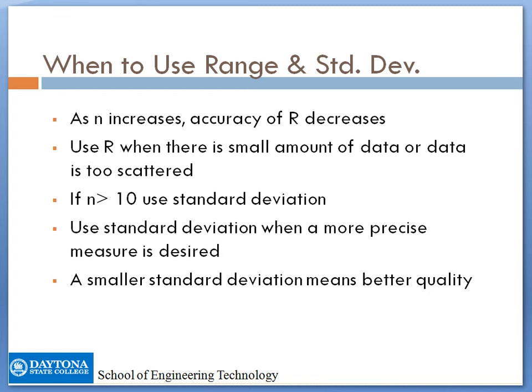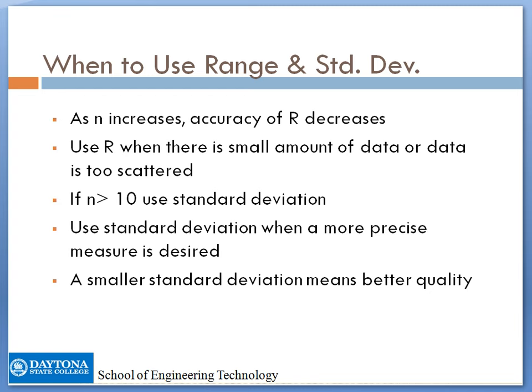One thing that you need to understand is that as the sample size increases, the accuracy of the range decreases. That's why you use the range when there is a small amount of data or the data is too scattered. If you have a sample size greater than 10, you should use the standard deviation.